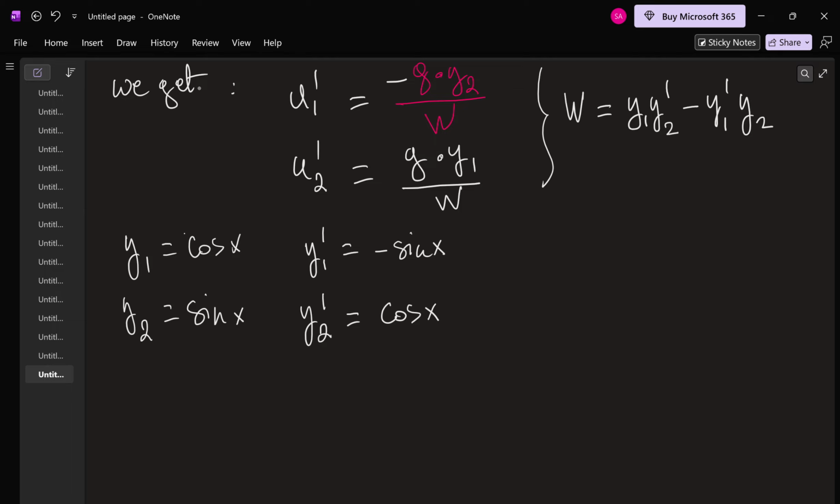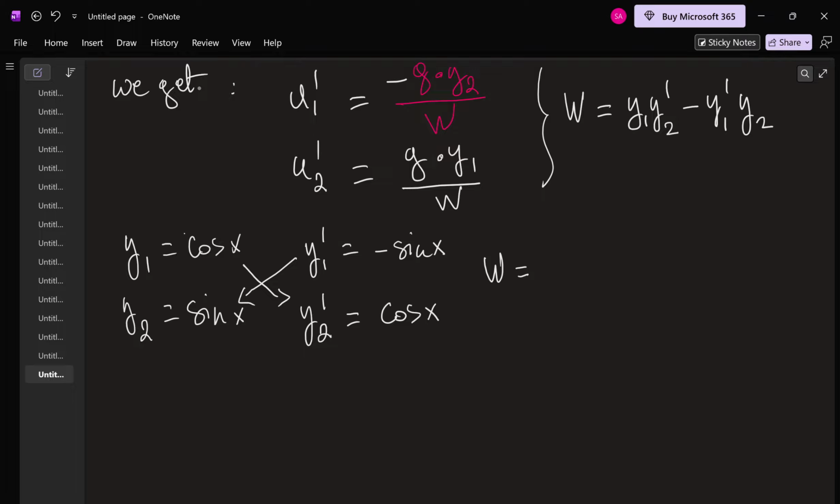Now W, the Wronskian, is equal to y1 times y2 prime, and then minus y1 prime times y2.